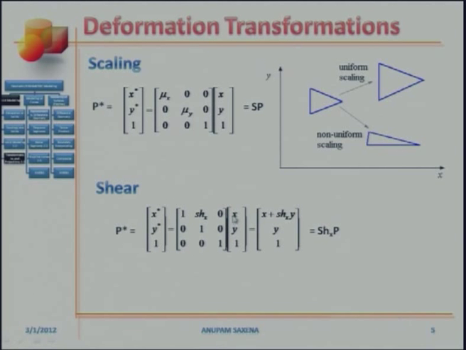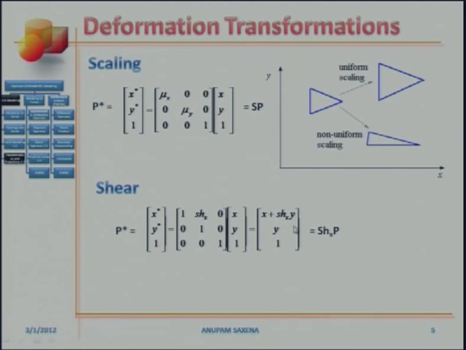If we pre-multiply this column vector with this shear matrix, we have x star as x plus sh sub x times y, and y star as y, the original coordinate of point P. And of course, x star and y star are the new coordinates P star.